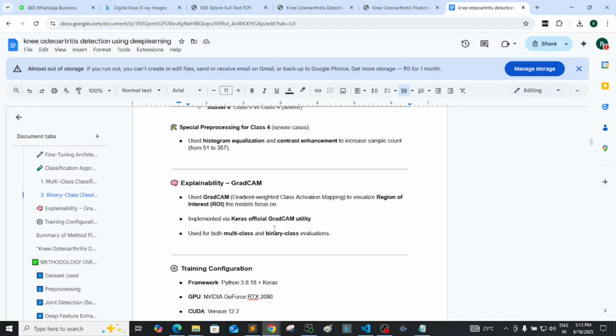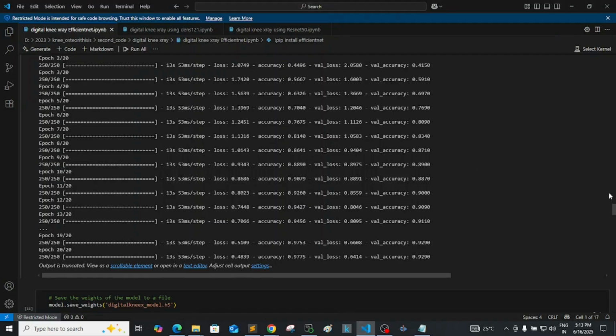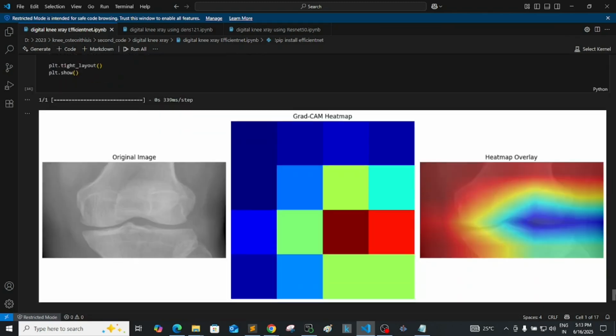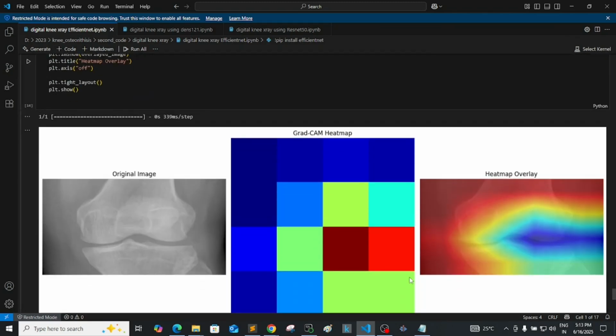And for explainability, for explainable AI they are using GradCam. What is this GradCam? I will show you how it looks. In our case you can see it will tell us clearly which part of the image is the most important part for saying this is actually knee arthritis.